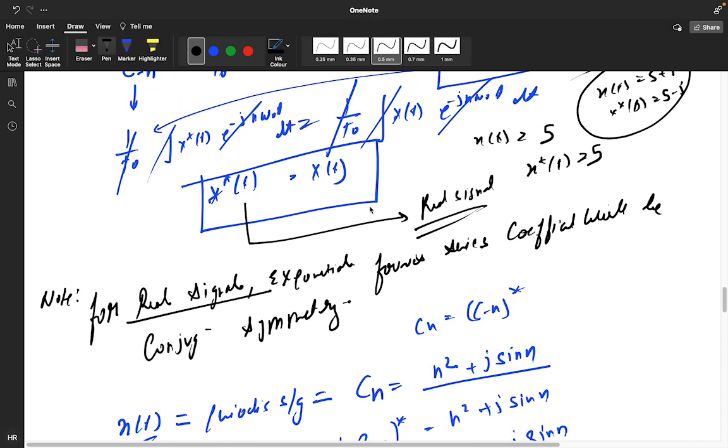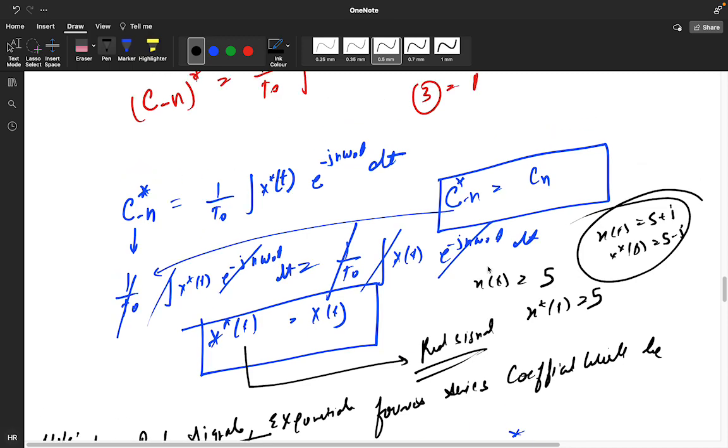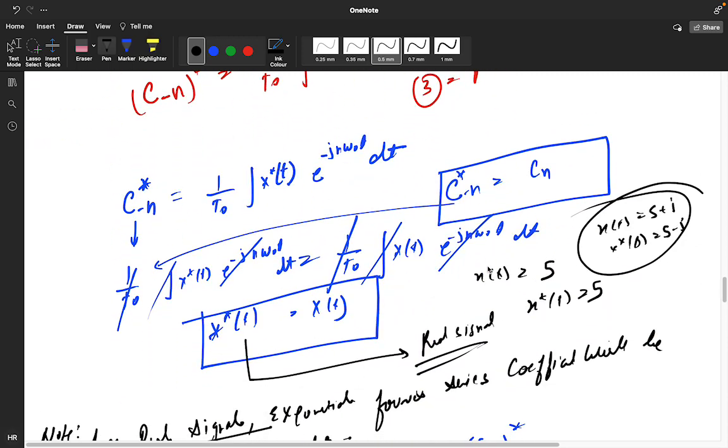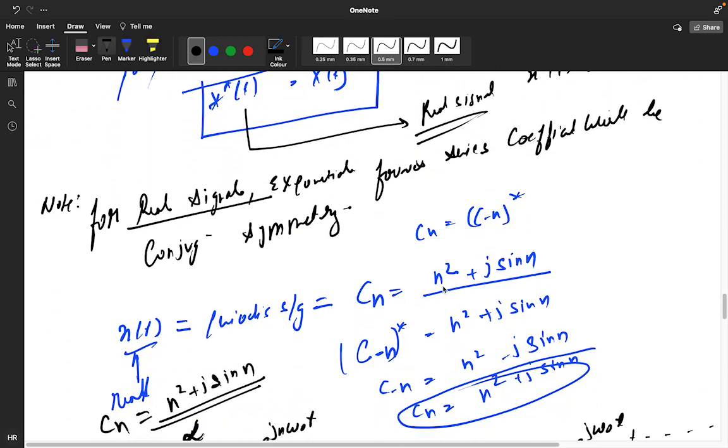And if they give you the Cn term like this, Cn is equal to n square plus j sin n, you have to check by putting 1, 2, 3 and minus 1, minus 2, minus 3. If they are giving the conjugate result, then you can directly say that the signal is a real signal. In the GATE examination they ask like this.